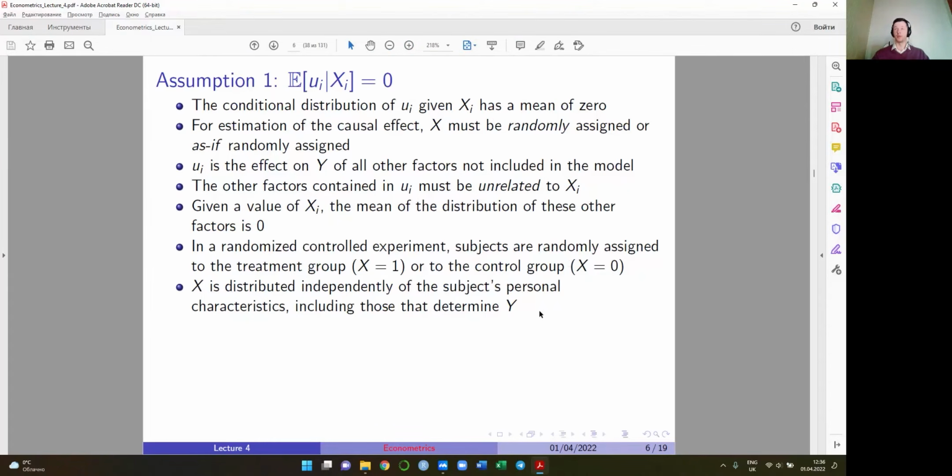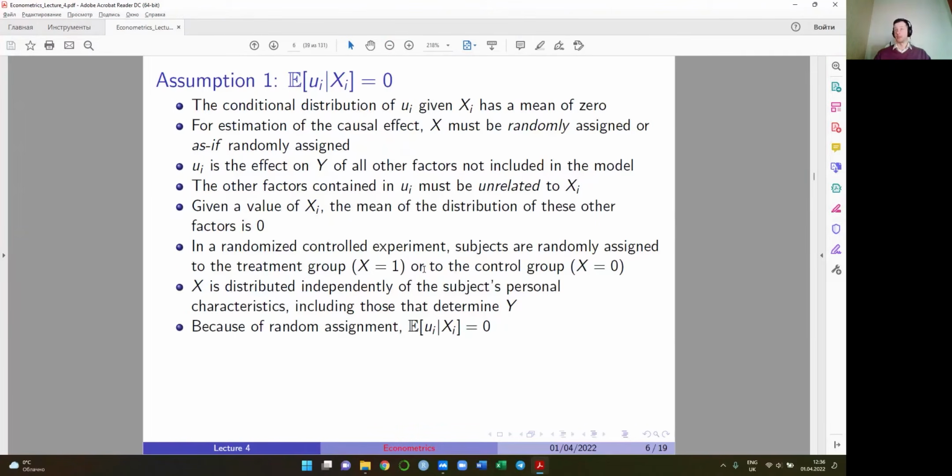That is why we do not ask people about their choice. We assign them randomly: you get the treatment and you get a placebo. In this case, we ensure that this condition holds, because this is just a mathematical formulation, but the practical formulation means that we must be sure that nothing influences the treatment.